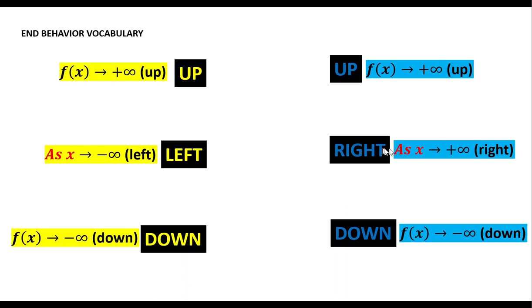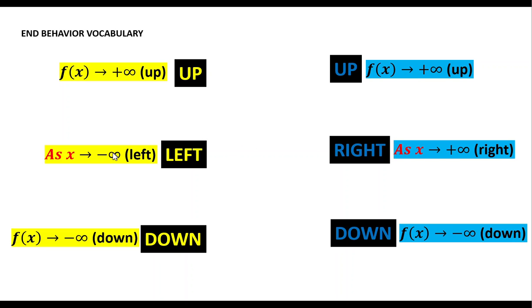That means it's going to get more and more positive. We say that as x approaches, that's what this little arrow means, as x approaches positive infinity, that means that x is growing positively, in the right-hand direction.